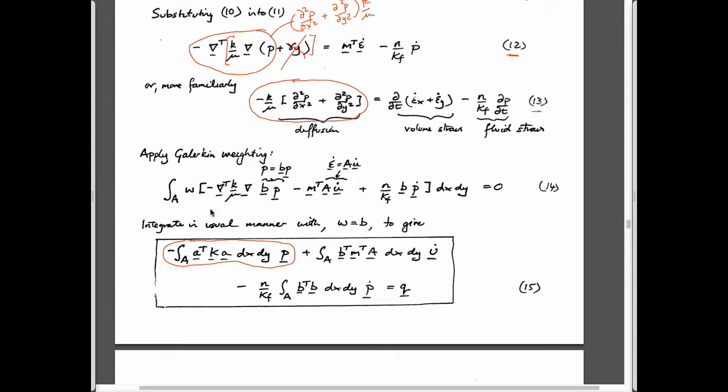You'll note also that I'm using lowercase a because the pressure at any point is equal to the shape functions multiplied through by the nodal pressure, and also the gradient of pressure is equal to AP. So these are the derivatives of the shape functions that we use.